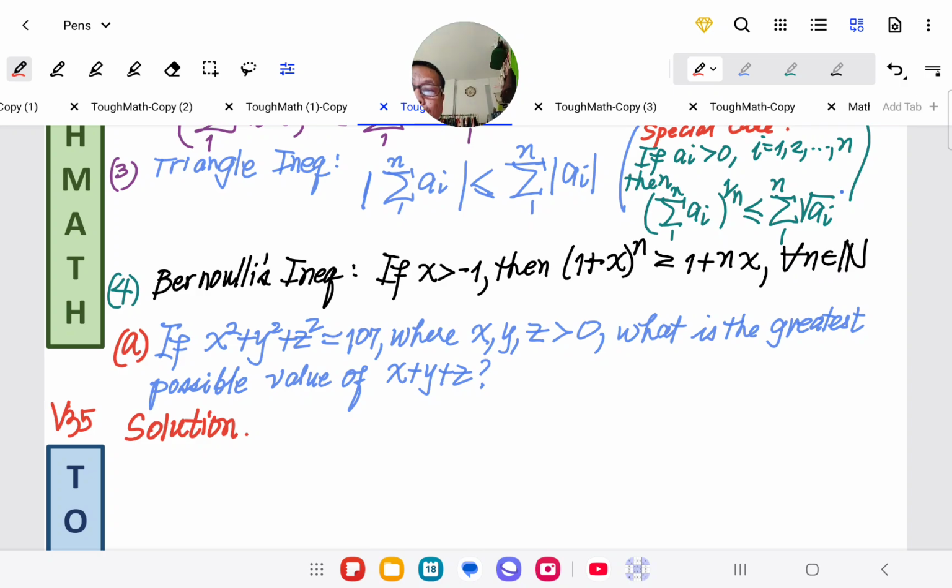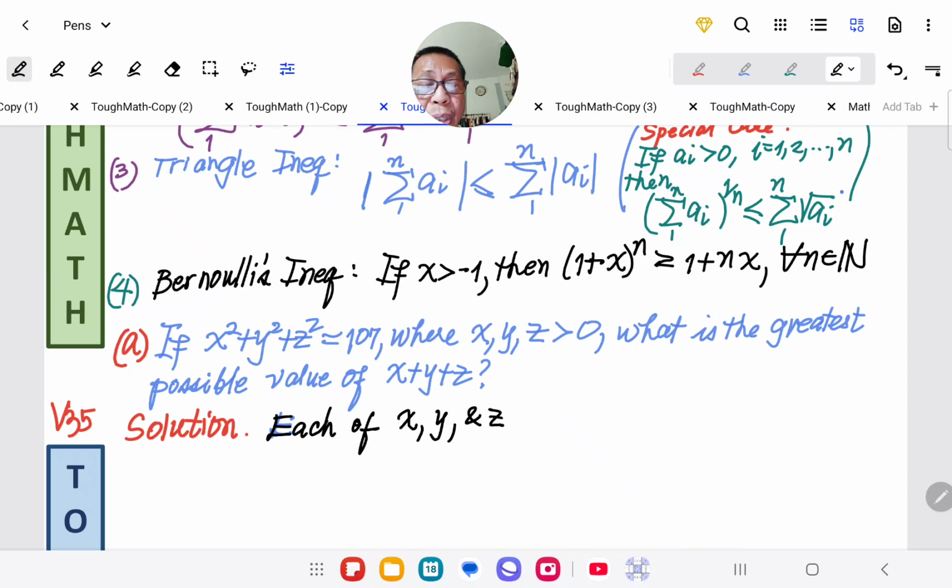Okay, so each of x, y, and z has coefficient positive 1, because x is equal to 1 times x, y is equal to 1 times y, and z is equal to 1 times z.